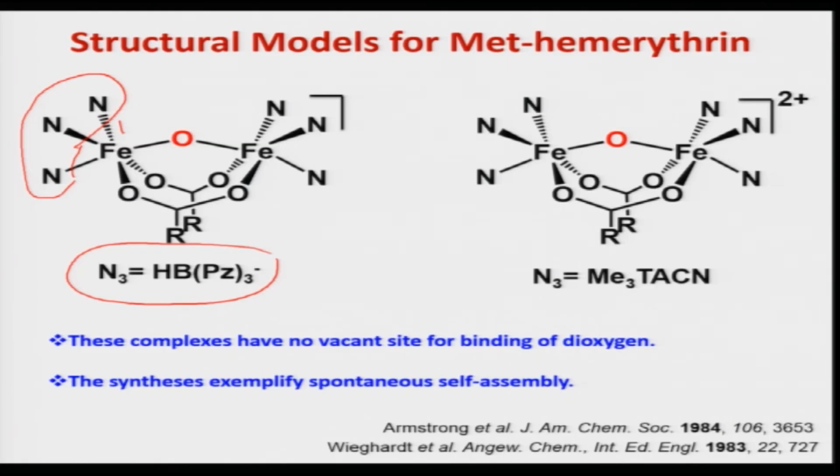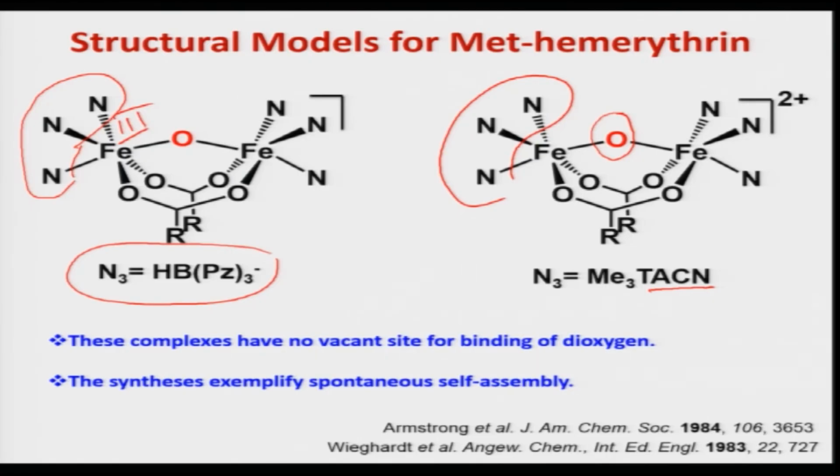This is in the Met-hemerythrin state, in iron 3 state, and you can see that the 2 iron centers are bridged through the oxo group. There is another example, where the tridentate ligand is triazacyclononane, and it also reproduced this Met-hemerythrin, with mu oxo bridged between 2 iron centers.